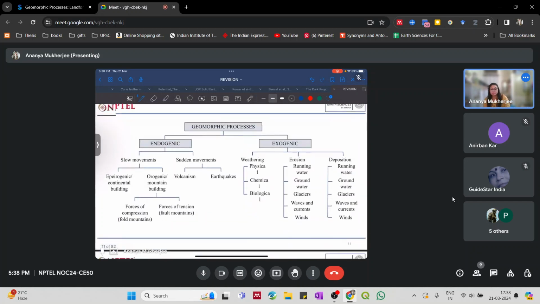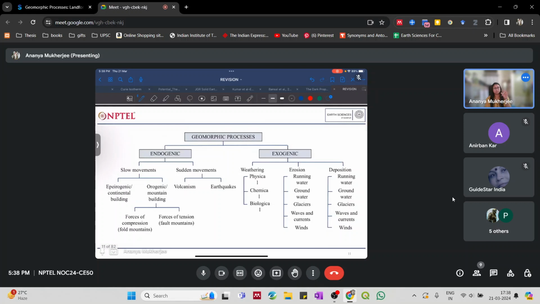So now we come to the entire point of this course, the geomorphic processes. The geomorphic processes can be categorized into endogenic and exogenic.